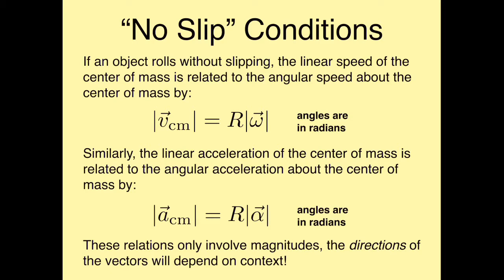These relationships only involve magnitudes. Okay, so if we want to get the directions of these vectors correct, they're VCM, omega, ACM, and alpha, these different vectors. If we want to get the directions correct, it'll depend on the context of the problem. Okay, so all we know is that the magnitudes are related this way. And those are the no-slip conditions.